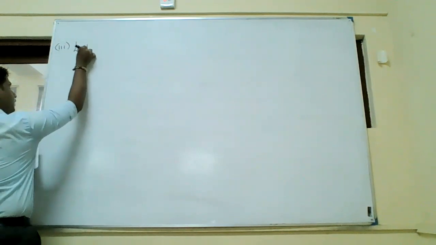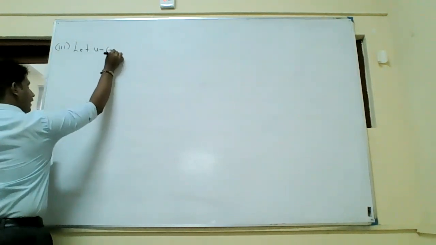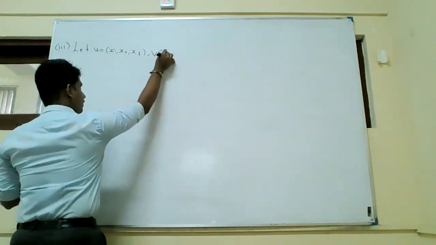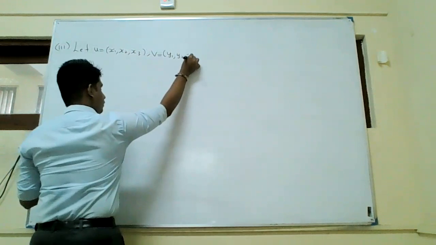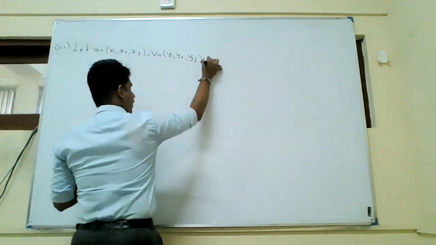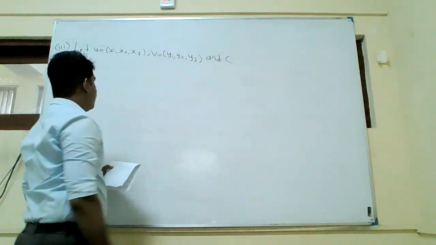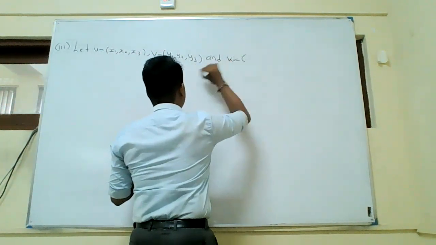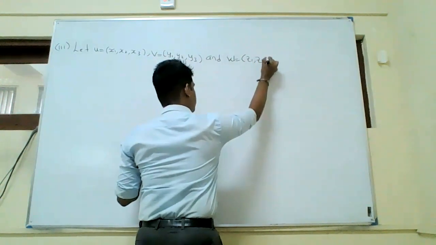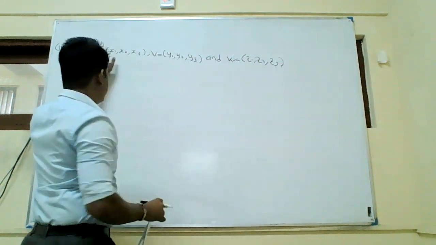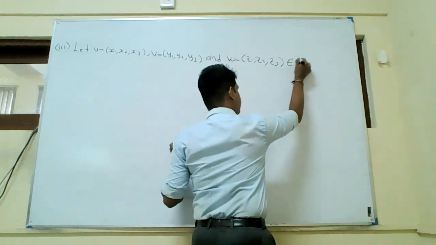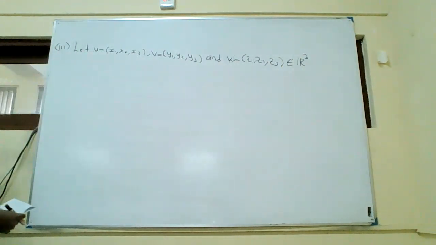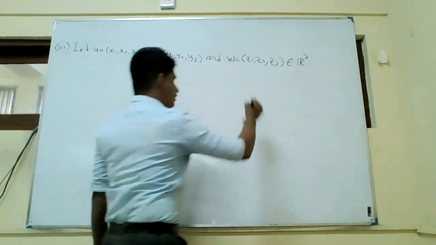Let u be one vector x1, x2, x3, and v another vector y1, y2, y3, and w another vector z1, z2, z3. These three vectors belong to R3. So your claim is this one. First, think about the claim.